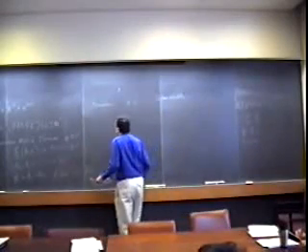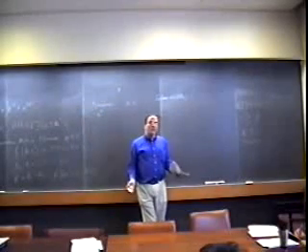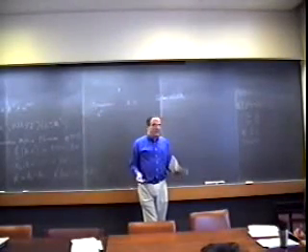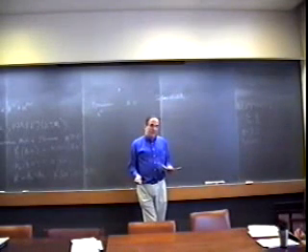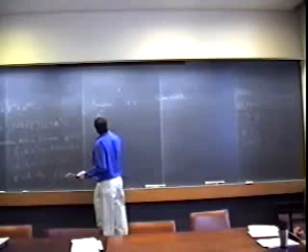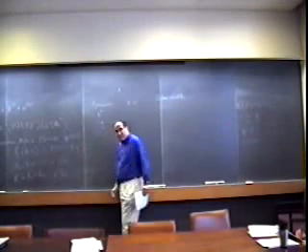Now we come to L, or L squared. Because a molecule isn't spherical, L is usually not defined. But we can still define LZ, and we can still use L plus minus.